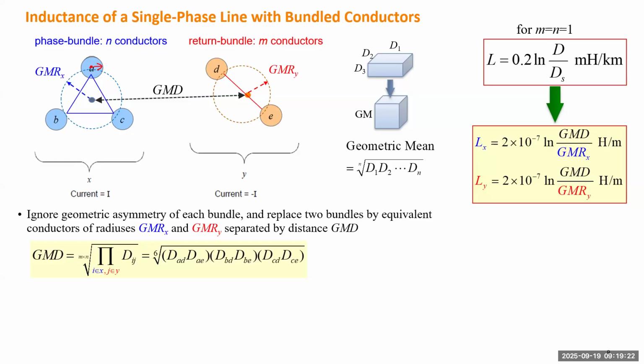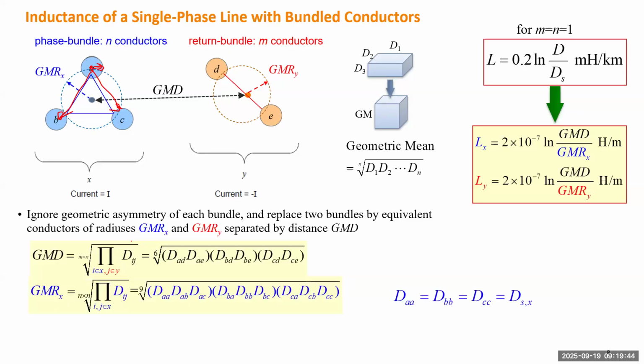So we count the radius of A, the distance to B, and the distance to C. So there are 3 distances we need to consider for just conductor A. Then we change to conductor B and conductor C. So finally, we have 9 distances in the first group. For each conductor, we need to consider 3 distances. When we calculate the product of 9 elements and take their root, that will be the GMR.